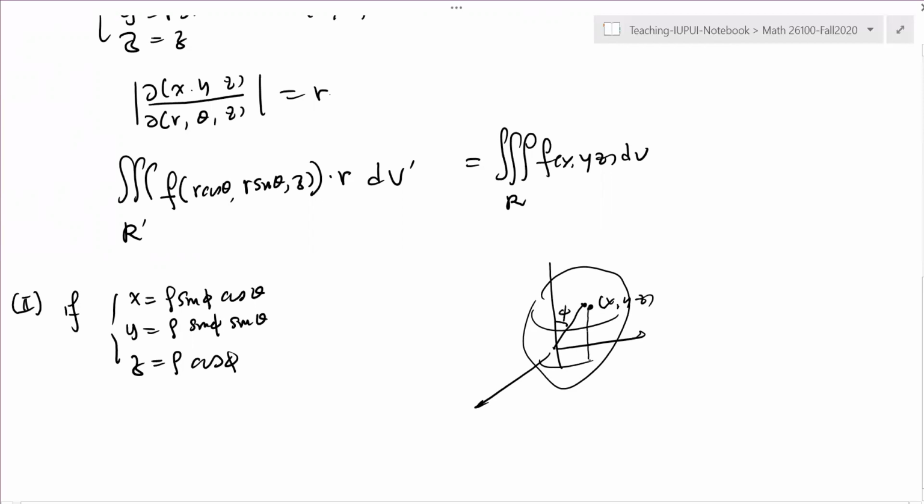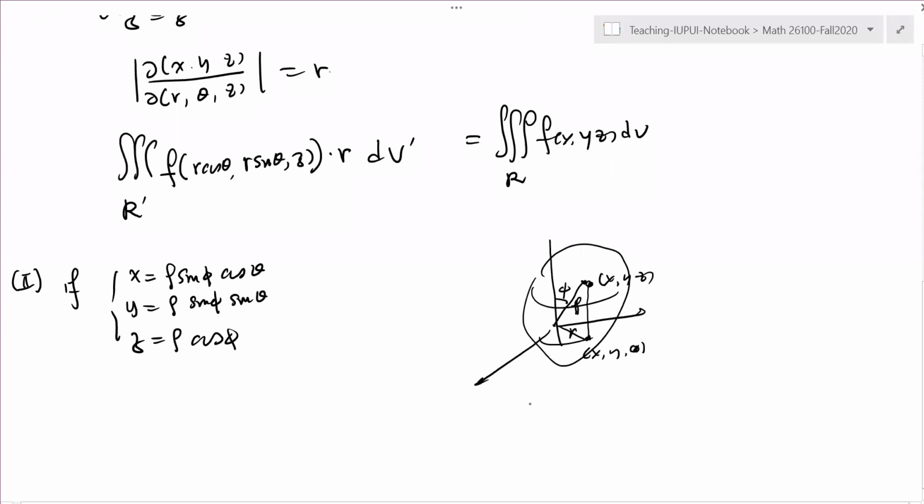First of all, you project the point onto the x, y plane. The component is 0. This distance will be rho, and the projected length will be R. So the relationship is R equals rho sine phi.